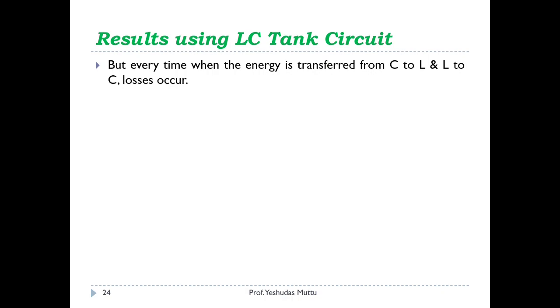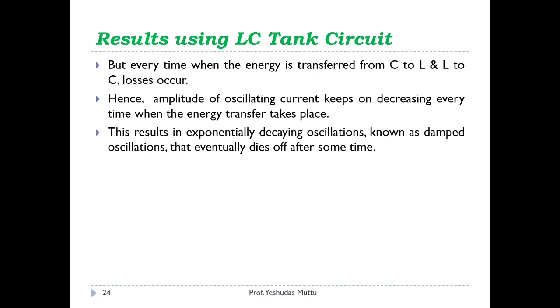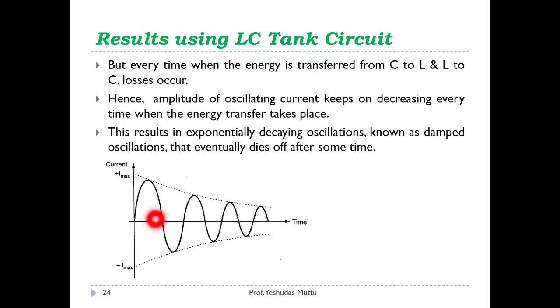So the losses occur when the energy gets transferred from C to L or L to C. Because of these losses, the current reduces. As time progresses, the current reduces, and these oscillations will eventually die off. So from this we come to know that an LC tank circuit alone cannot generate sustained oscillations.